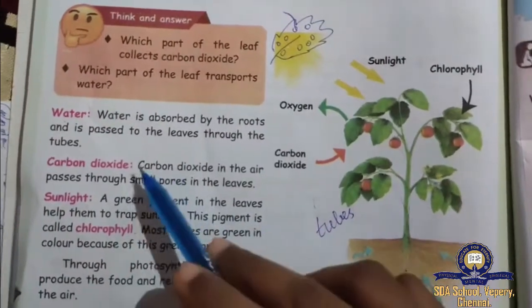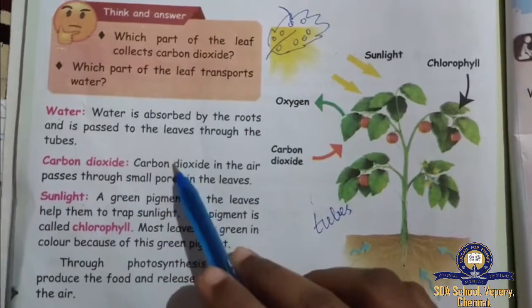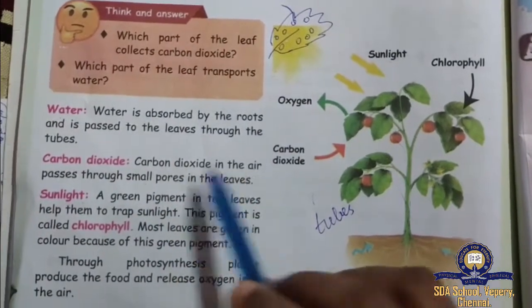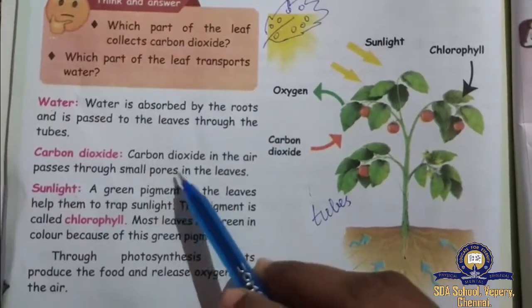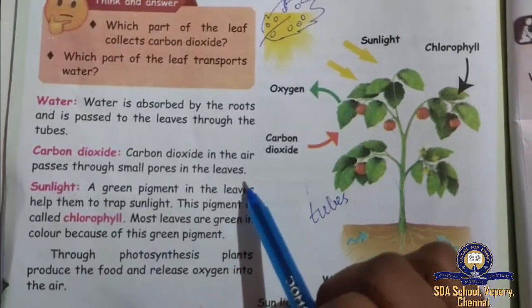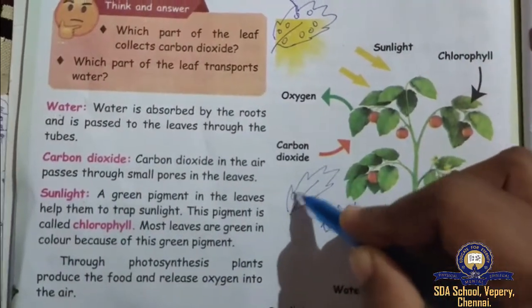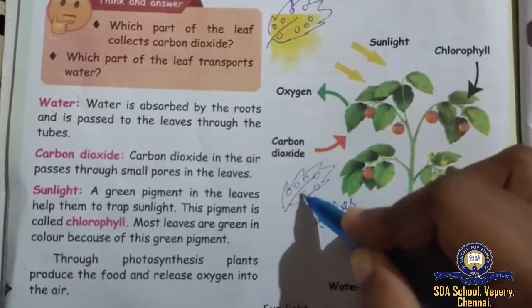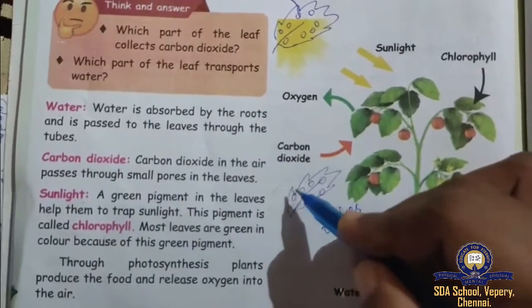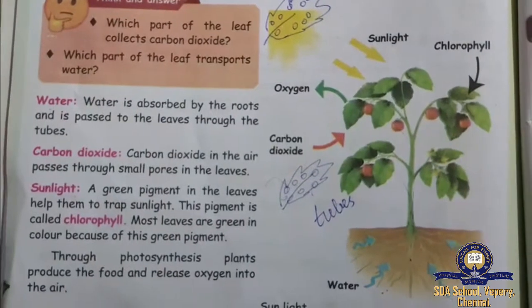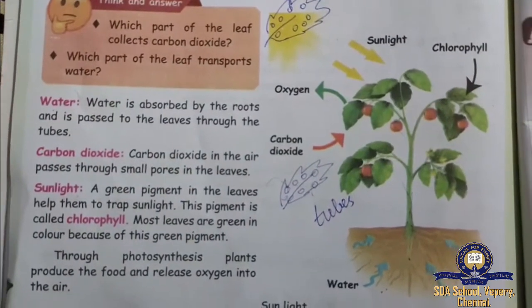Next, carbon dioxide. Carbon dioxide in the air passes through small pores in the leaves. In the leaf we have small pores, small holes. So through those holes carbon dioxide will enter into the leaves.